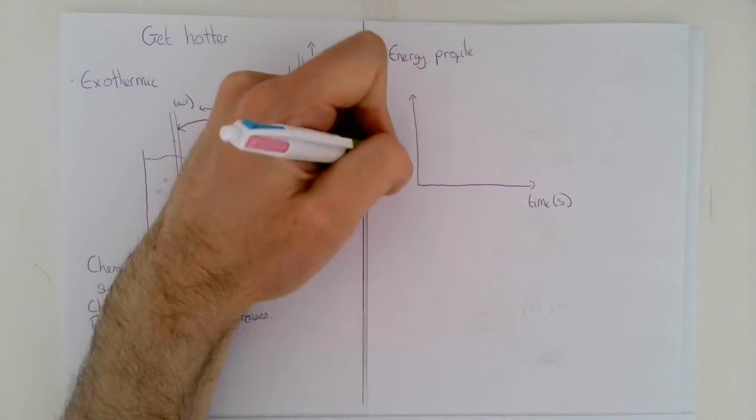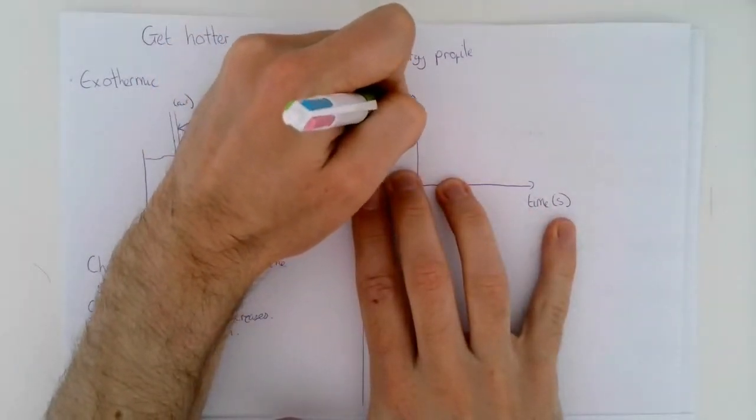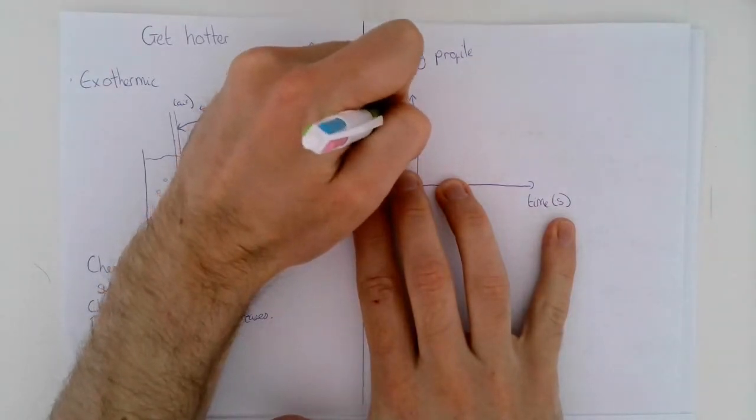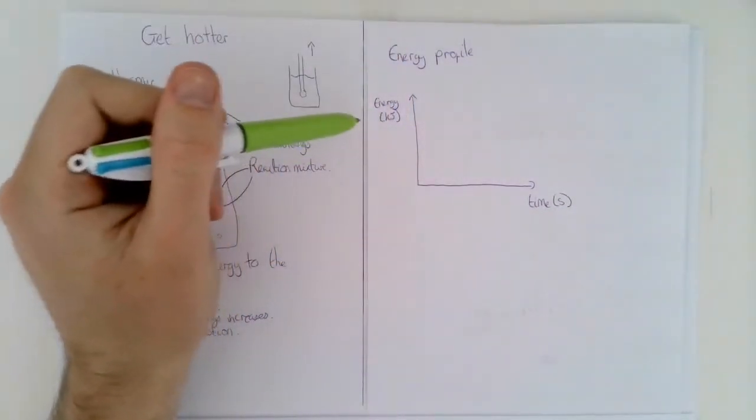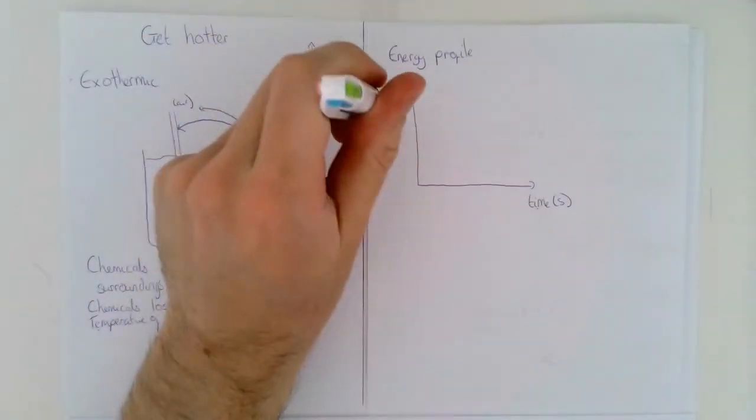And then on the y-axis you'd have energy, most likely in kilojoules. Maybe that would be in just joules. It doesn't really matter, but key things: time there, energy there.